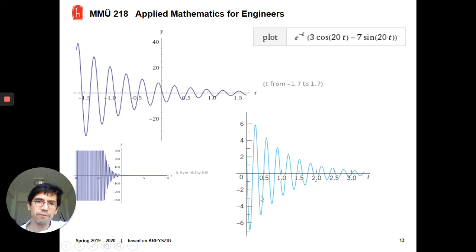As time goes on, I have a periodic vibration, but what happens to that vibration? It is being damped out, right? It's damping. So this system does that. It's pretty good.